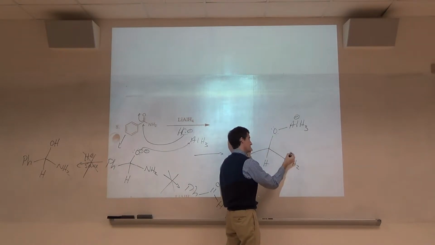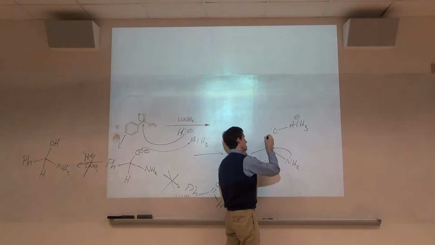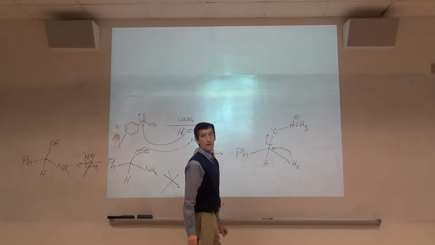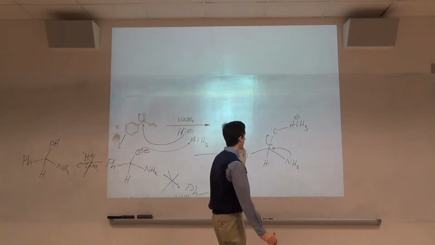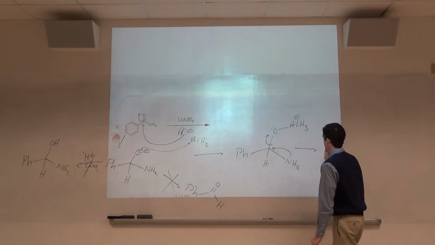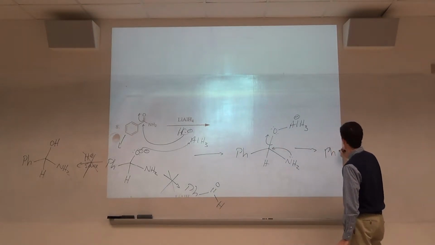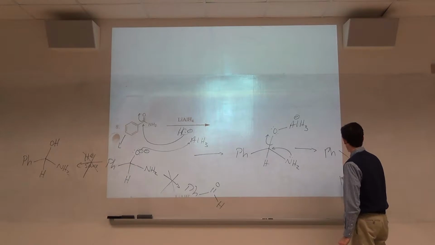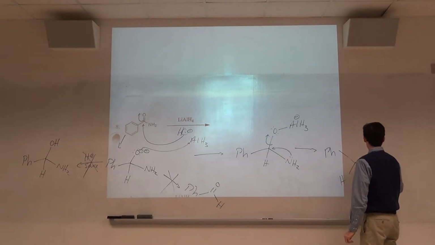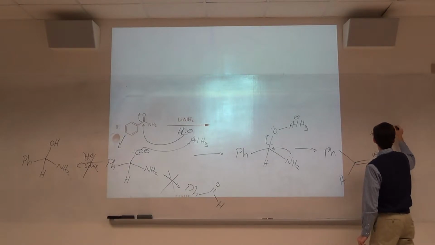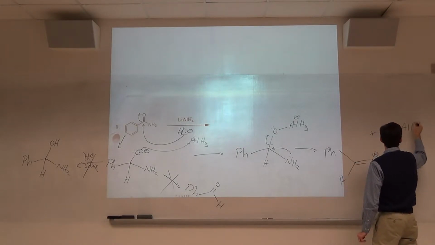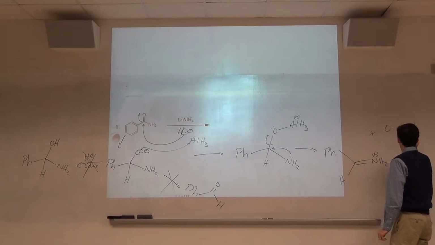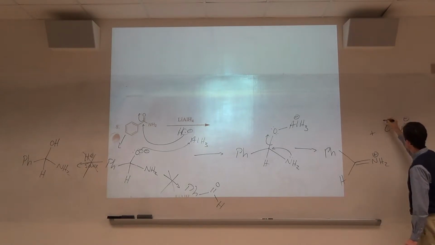And now the nitrogen says, anytime I make a pi bond and kick off a leaving group, that's what we're going to do. And that gives phenyl, this is actually 2 minus up here.